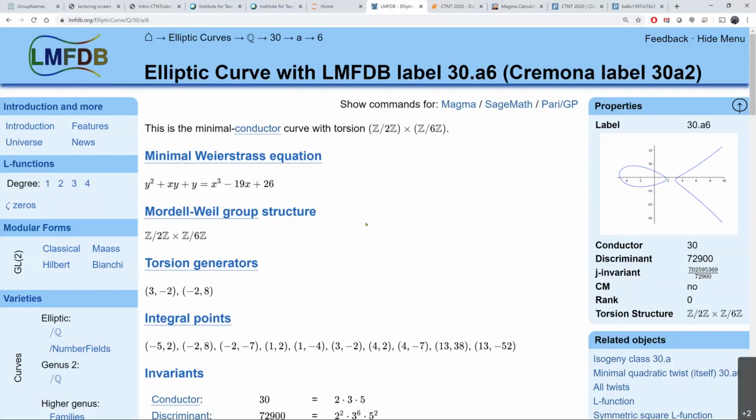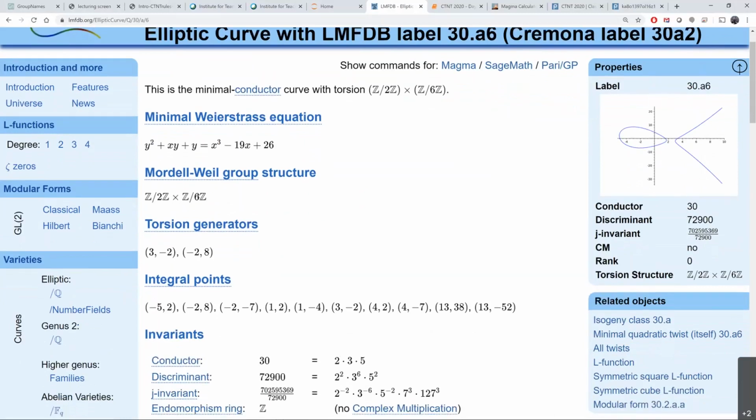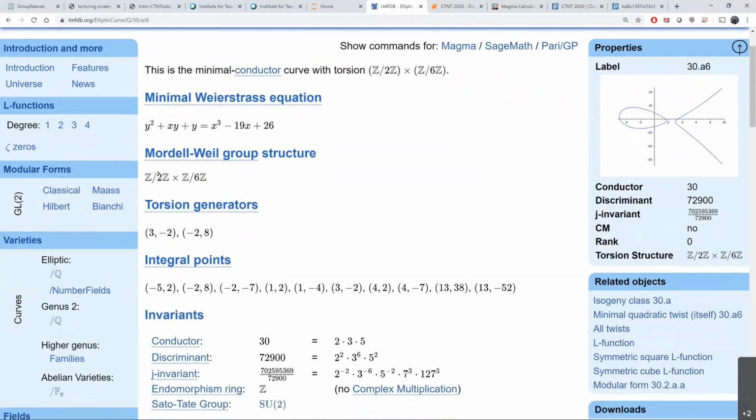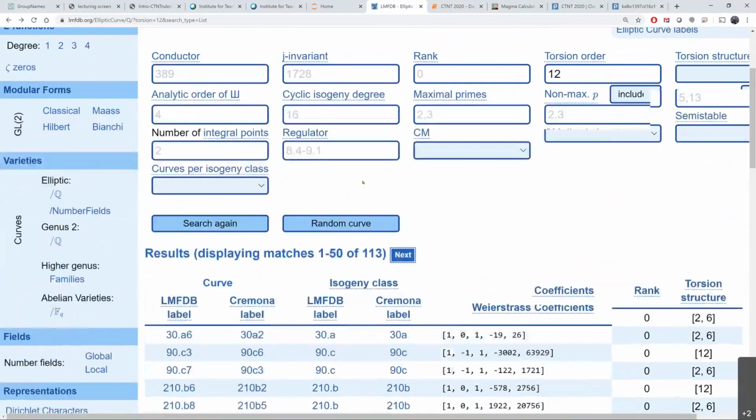So here is 30A6, but you see when I typed the order, it was the order of the group. So this torsion group has order 12, but there is no point of order 12. So I didn't do my search correctly, but what I was looking for was an elliptic curve with a point of order 12.